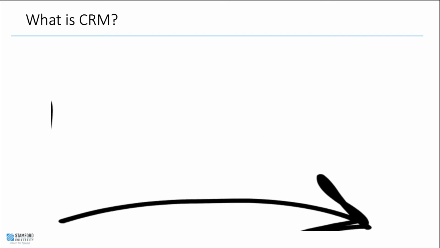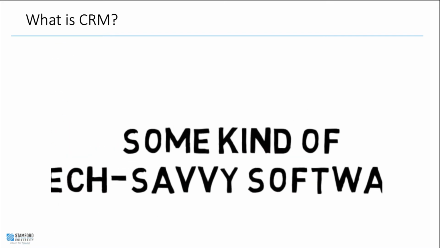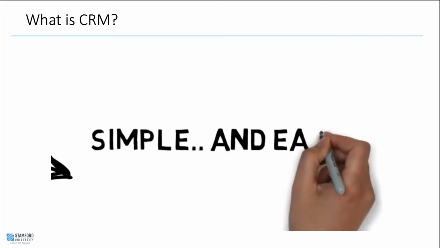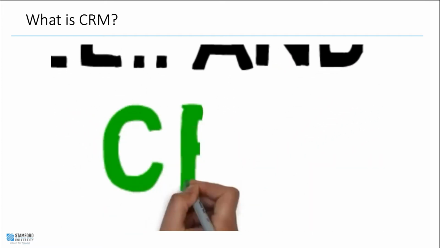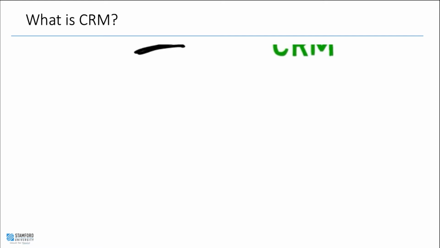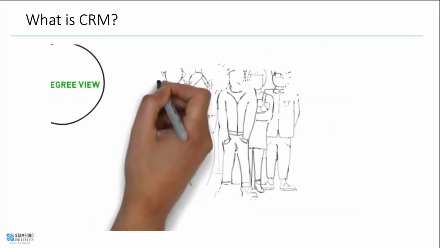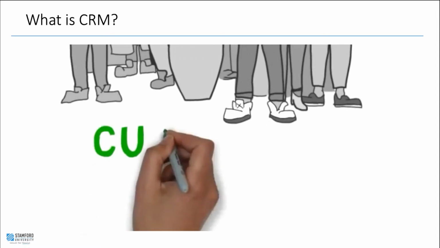So you're probably thinking that I'm about to start explaining some kind of tech-savvy software, but that's not the case. We're looking for something simple and easy, and what we're looking for is CRM. So with CRM, you get a 360-degree view of all of your customer data, allowing you to analyze, monitor, and understand each of your customers.